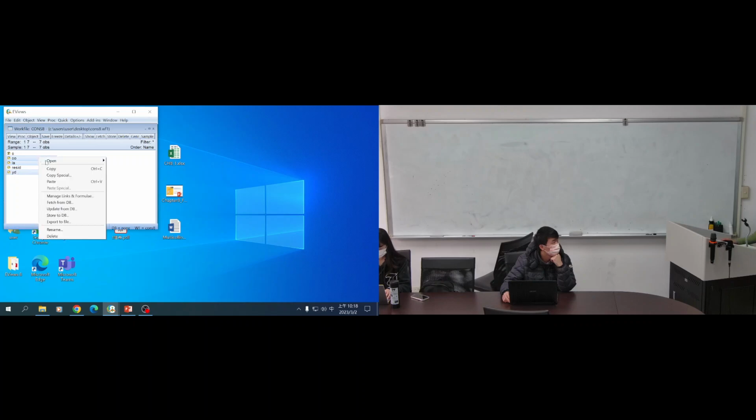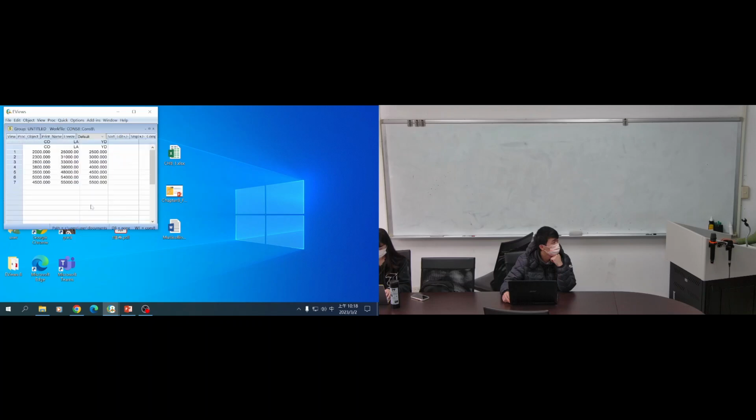Then you can open this as a group, and automatically you can see the numbers inside. You can see LA and YD are pretty similar, right? As YD goes up, LA goes up.